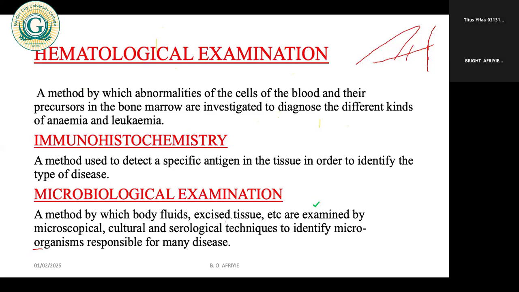When they are high, it means that there is a possible bacterial infection. When your lymphocytes are high, there is the possibility of viral infection. When your eosinophils are high, the possibility of allergic reactions is there. When basophils are high, we are looking at parasitic infections.